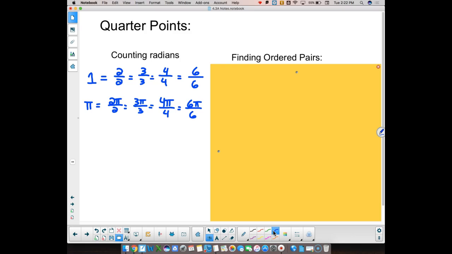Is there no 5? Not on our unit circle. It's just not, because it's not neat. Because 360 degrees divided by 5 is what? 72. Okay? And 72 is not a nice, easy one to go all the way around. So that's why we don't do over 5. Okay? Good to know.